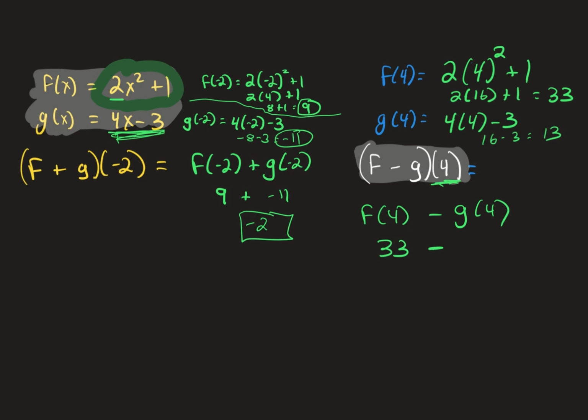So my g of 4 is 13. 33 minus 13, and the answer you should have gotten is 20. At least that's what I got. Doesn't mean I'm right. Am I right? Okay.